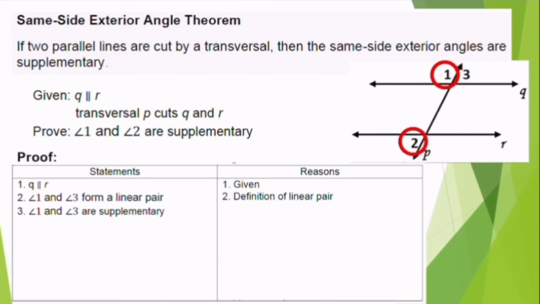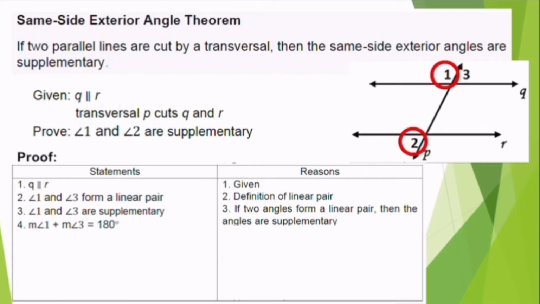The reason here is if two angles form a linear pair, then the angles are supplementary. Next, the degree measure of angle 1 plus the degree measure of angle 3 is equal to 180 degrees. The reason, that is the definition of supplementary angles.